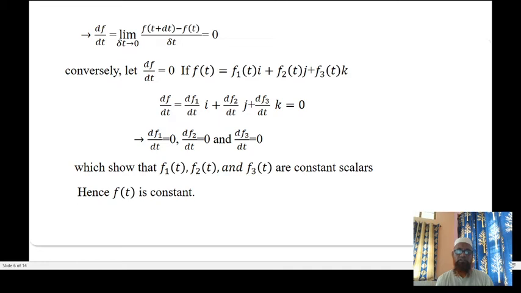This implies df1 by dt equals 0, df2 by dt equals 0 and df3 by dt equals 0. We show that f1 of t, f2 of t and f3 of t are constant scalars, hence f of t is constant. So f of t is constant implies df by dt equals 0, and df by dt equals 0 implies f of t is constant.